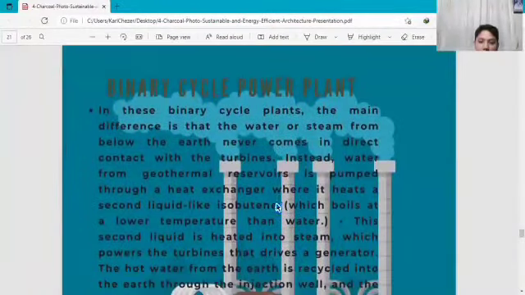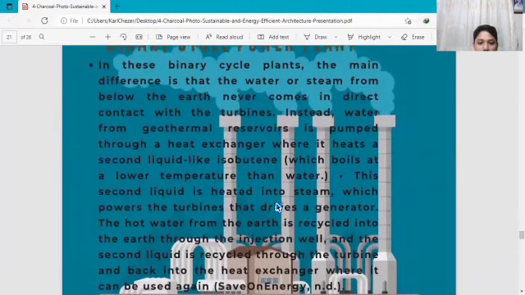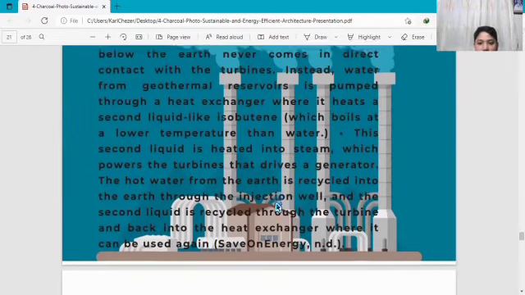Binary cycle power plant. In these binary cycle plants, the main difference is that the water or steam from below the earth never comes in direct contact with the turbines. Instead, water from geothermal reservoirs is pumped through a heat exchanger, where it heats a second liquid like isobutane, which boils at a lower temperature than water.